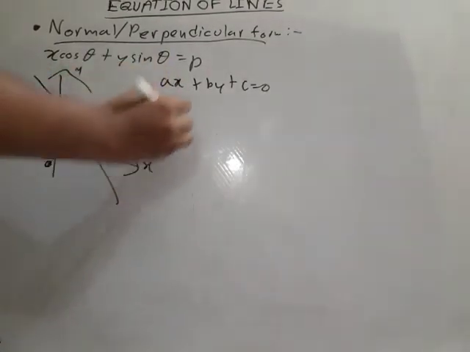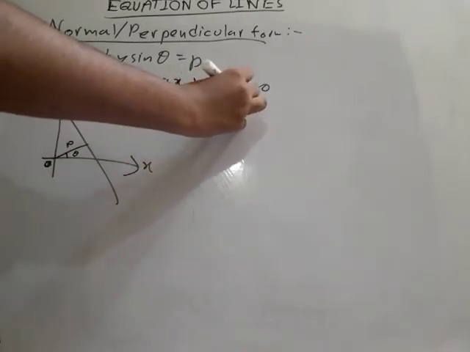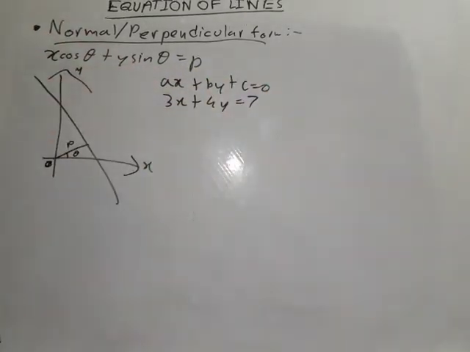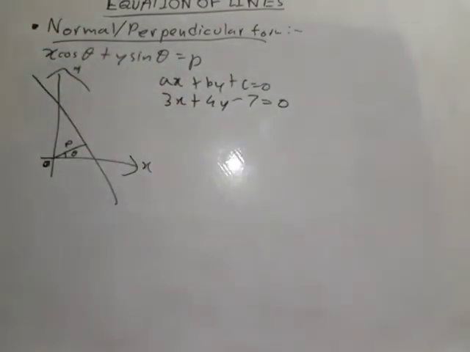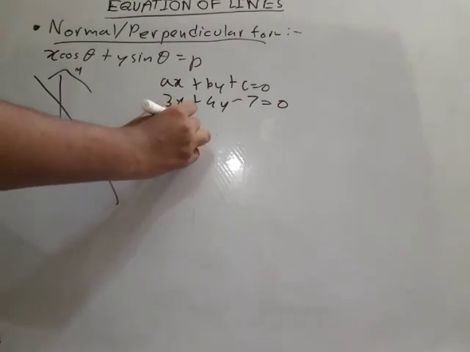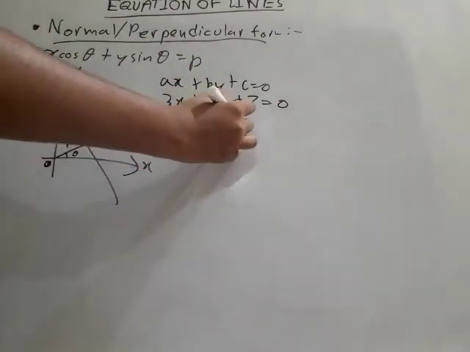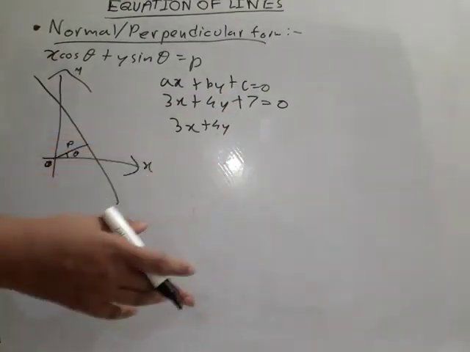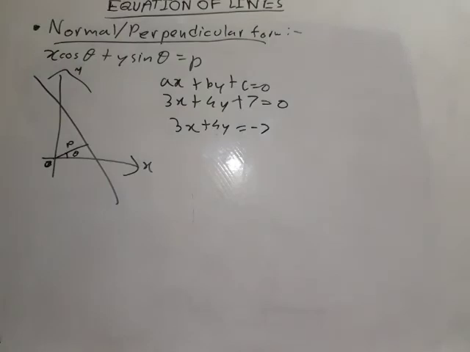Now let us take an example. Let 3x plus 4y equal to 7, or 3x plus 4y minus 7 equal to 0. This is the equation which has been given to us. Now we have to rewrite the equation as 3x plus 4y equal to minus 7.